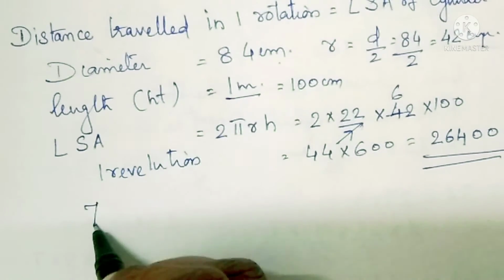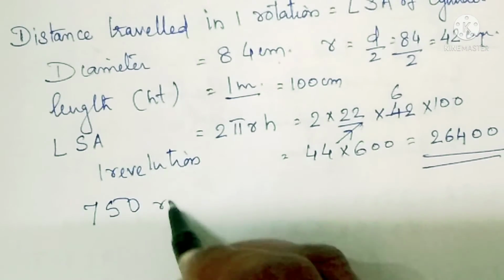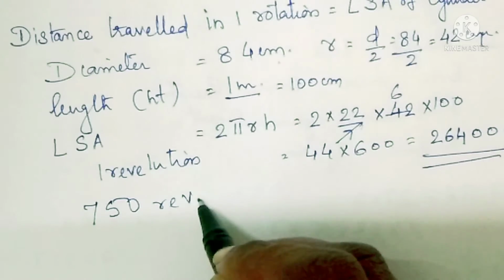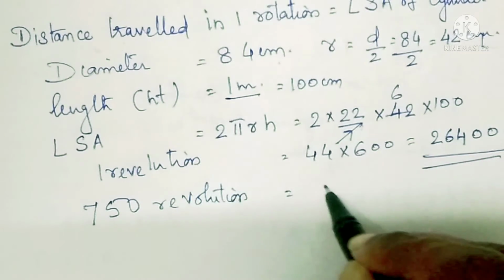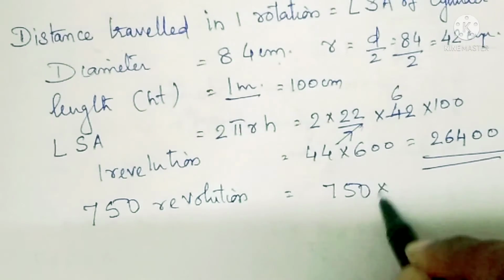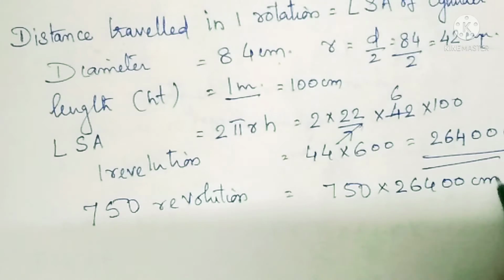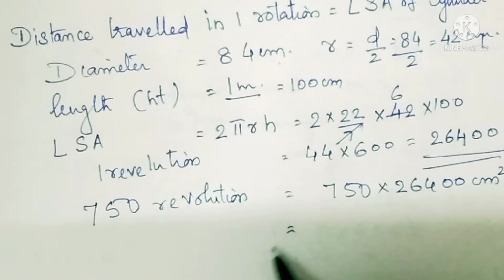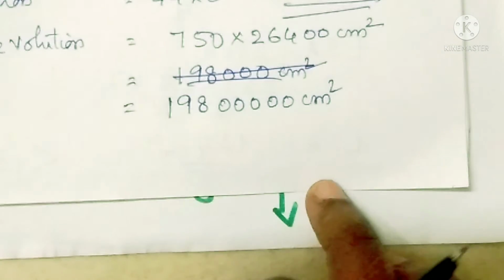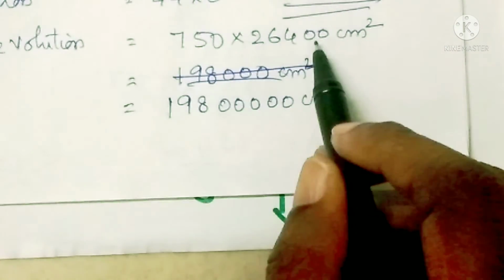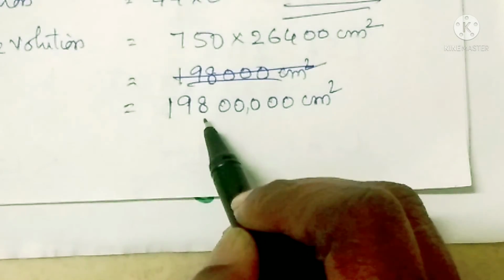So total how many revolutions is it taking? 750 revolutions is equal to 750 multiplied by 26400 centimeter square. So when we multiply these two, we get this number. What is the number? See.